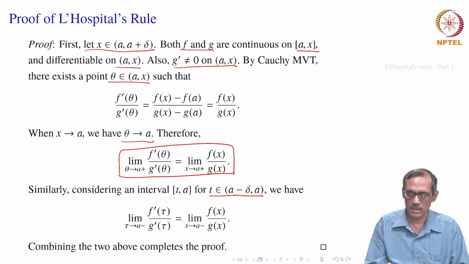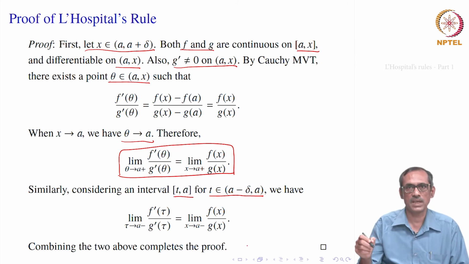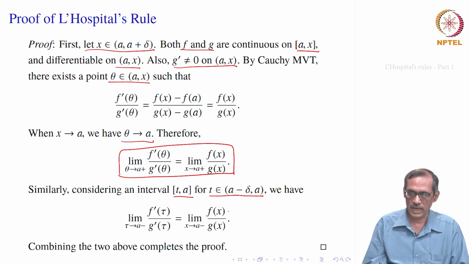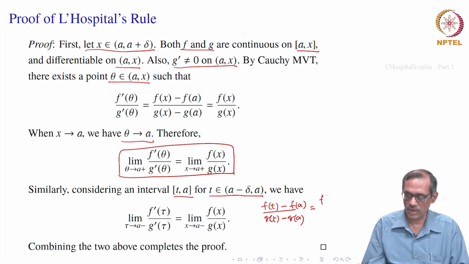Then in that interval, that is (t, a), we find a similar conclusion: in the open interval (t, a), there exists some tau such that (f(t) - f(a))/(g(t) - g(a)) is equal to f'(tau)/g'(tau).